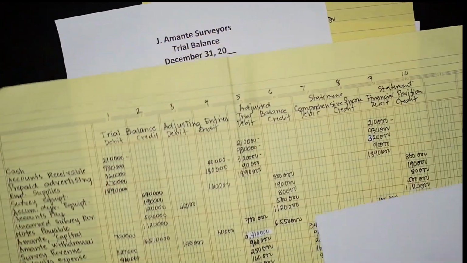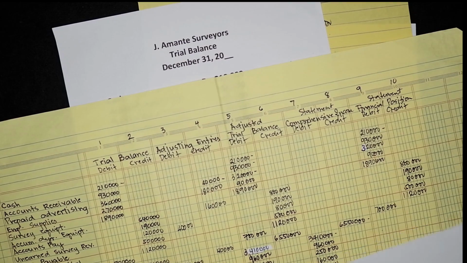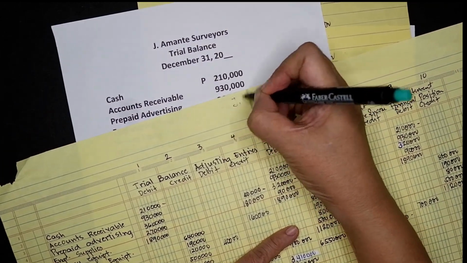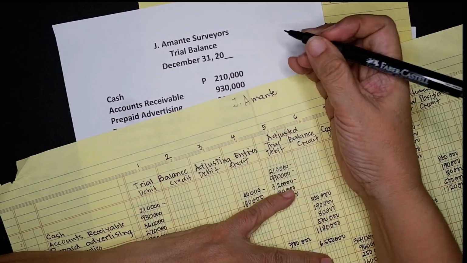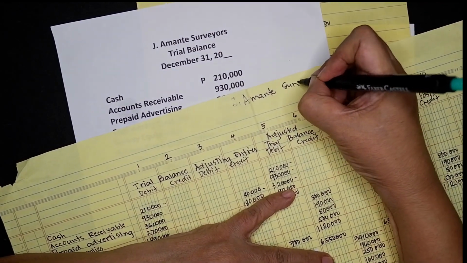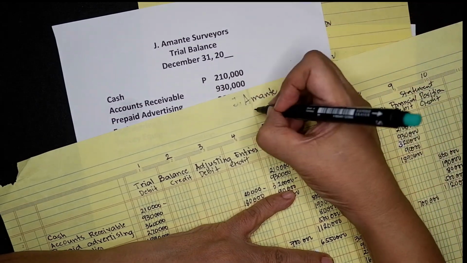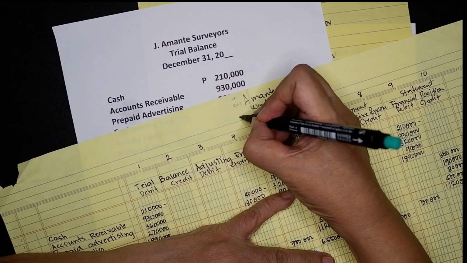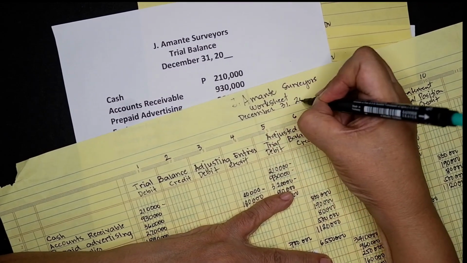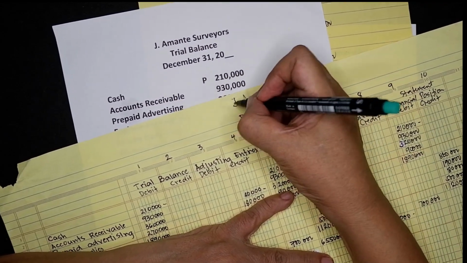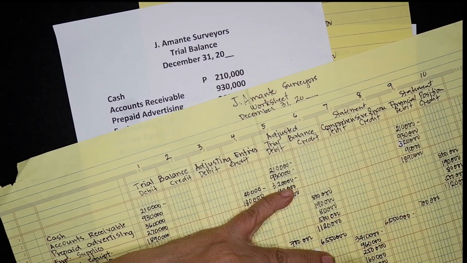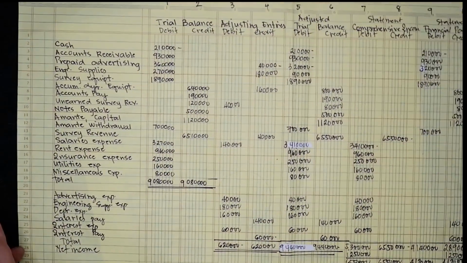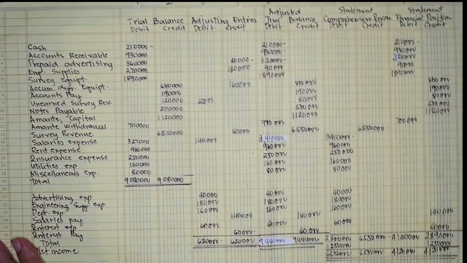Let us put the heading: J. Amante, Surveyors, Worksheet, December 31 of the current year. So this is J. Amante. Okay. So here is our worksheet preparation.